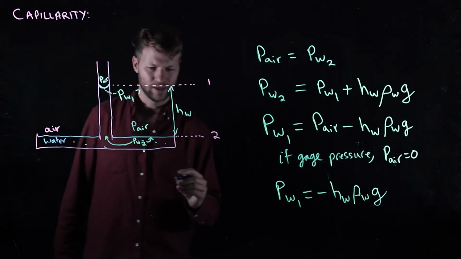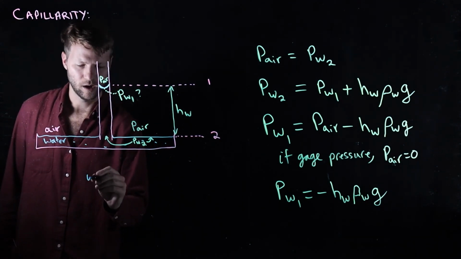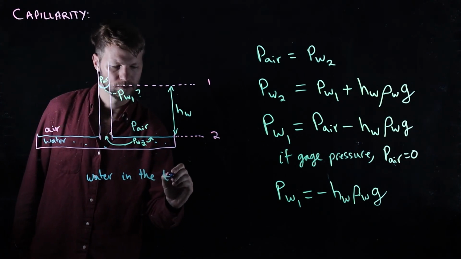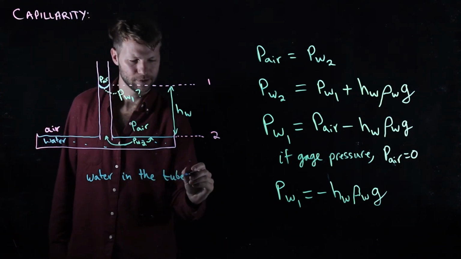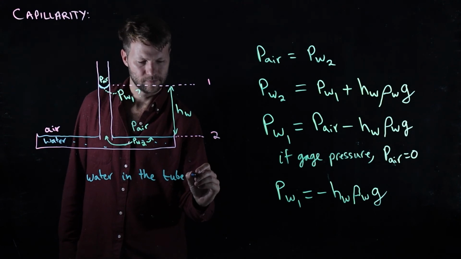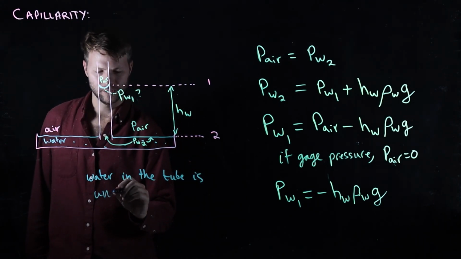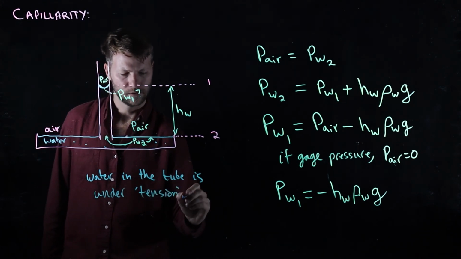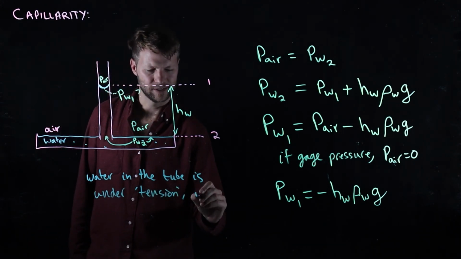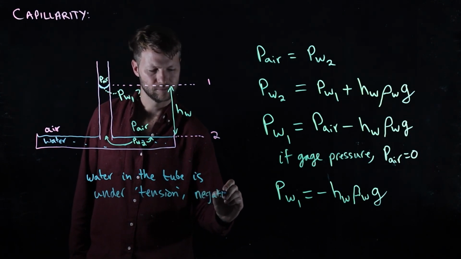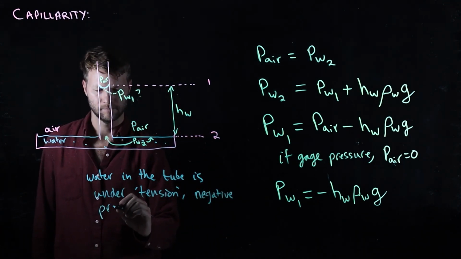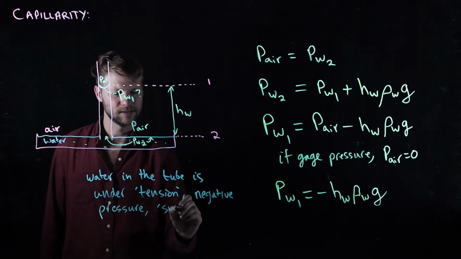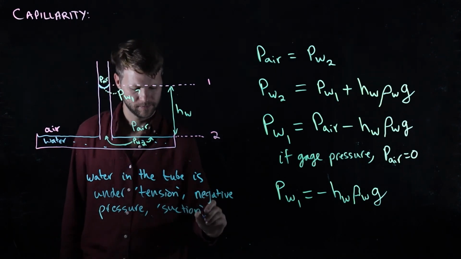And so we can say here that the water in the capillary tube, especially towards the top, is under tension, or relative to the atmosphere, it's at negative pressure, if we're using gauge pressure, or it's experiencing suction here.